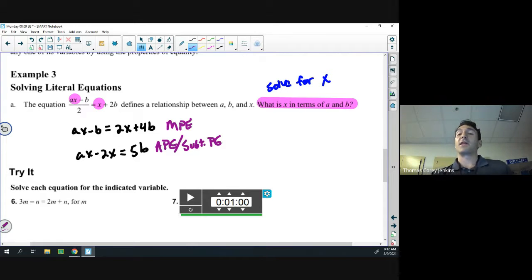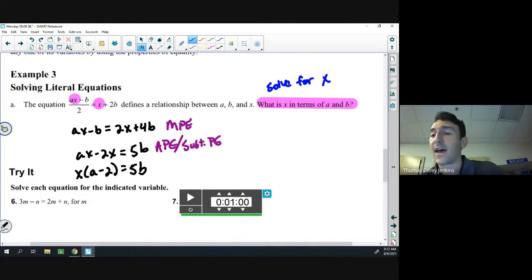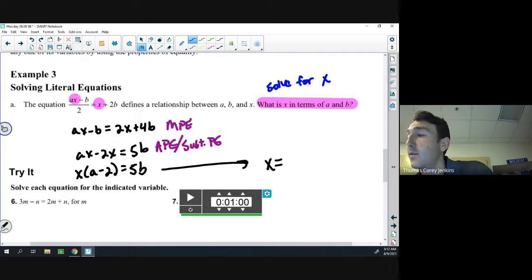But now we're going to use the distributive property. So we're going to factor out an x, and rewrite the left side as x times the quantity a minus 2. So that's distributive property. And then we can divide both sides by a minus 2, right? We can treat that almost like a coefficient of x, okay? So when we do that, that's going to give me x equal to 5b over the quantity a minus 2.